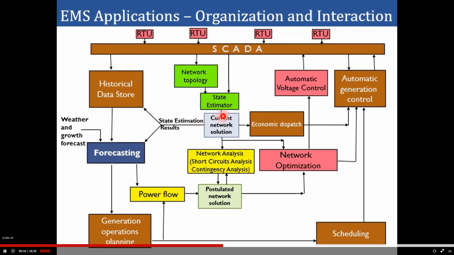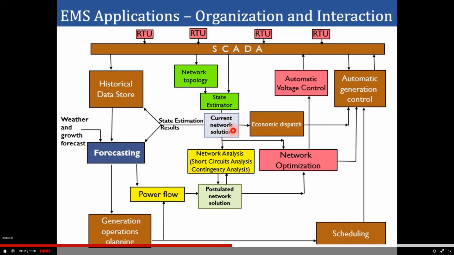So now based on the state estimator results, we can compute all the required parameters such as power flow or the current flow at various branches and so on. Now this data we will use for further processing.